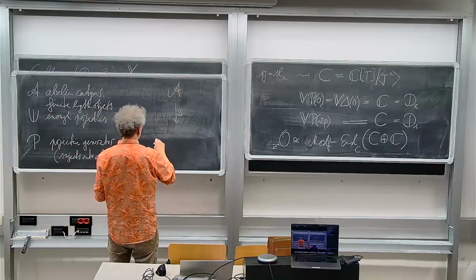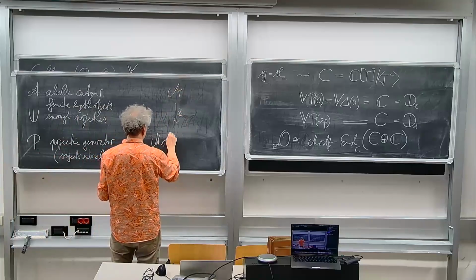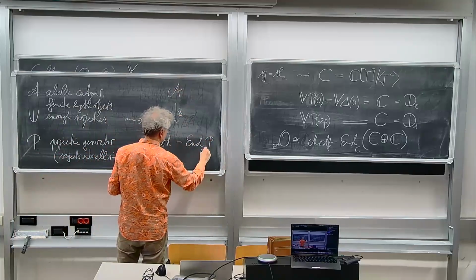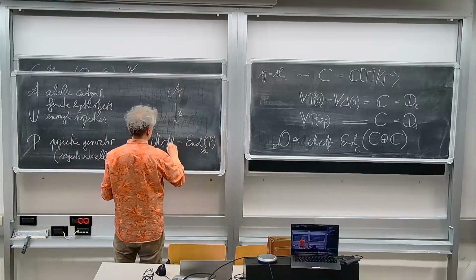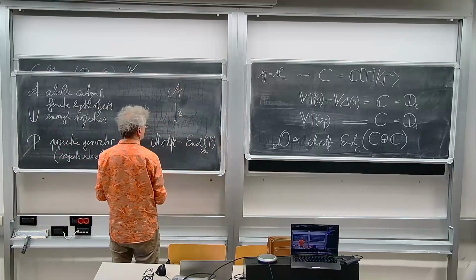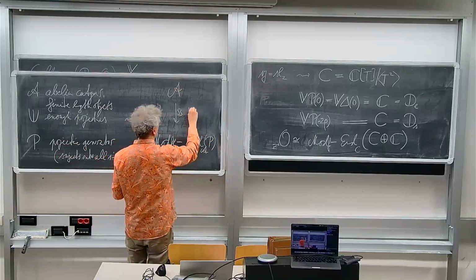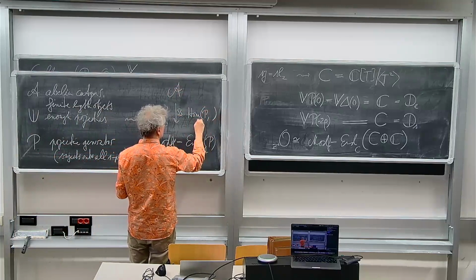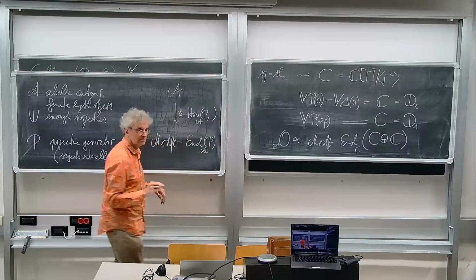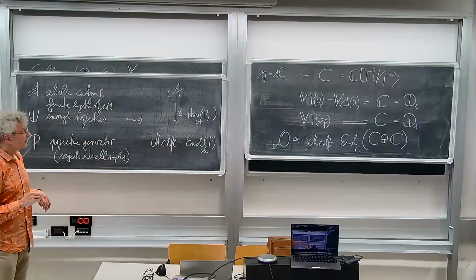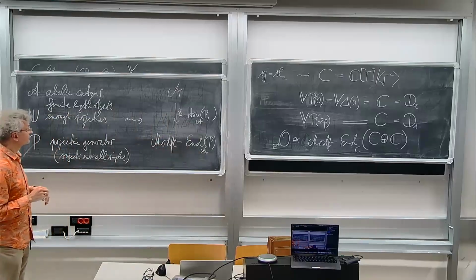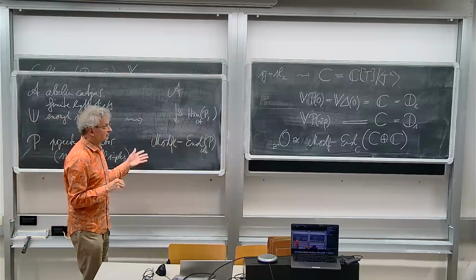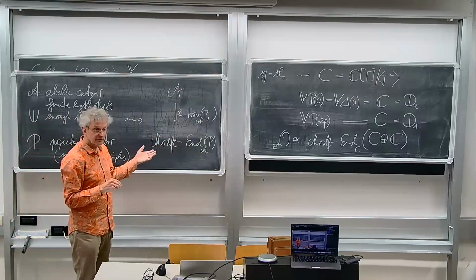modules of finite length over the endomorphism algebra. And the functor is taking homomorphisms from P to something in A. This is sort of a general nonsense.